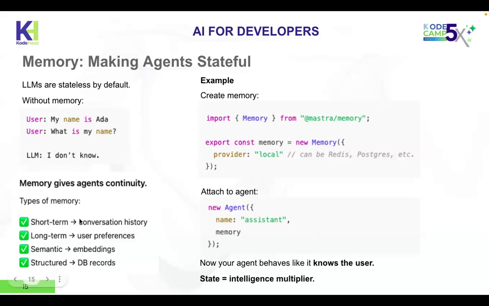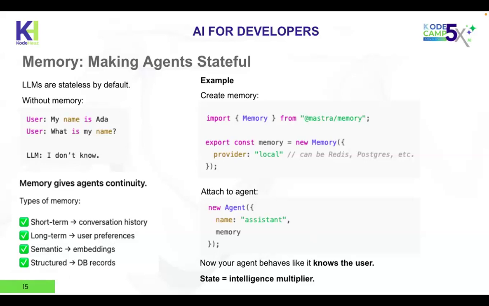And you have different kinds of memory: short term, which is used to keep your conversation history, right? Then you have long-term memory, which you can use to store user preferences, which will persist across different sessions. So the next time I log in, I should still be able to see my preferences. And even previous conversations can be stored. Then you have semantic memory, which uses embeddings.